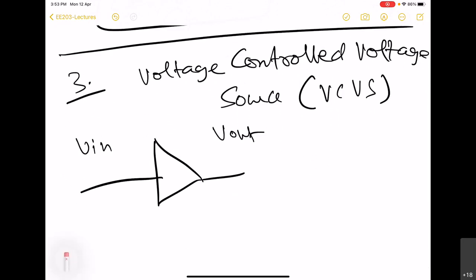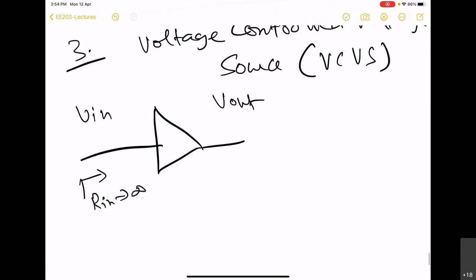Since the input quantity is voltage, R in has to be infinite, then only it will be able to sense voltage very well. Our output quantity is voltage, that means R out has to be equal to 0.